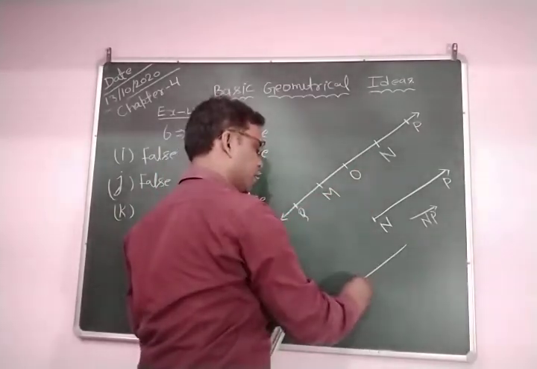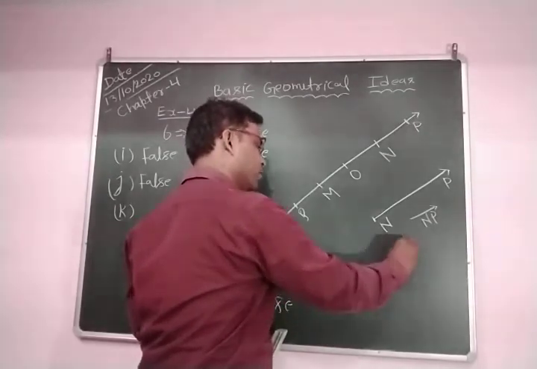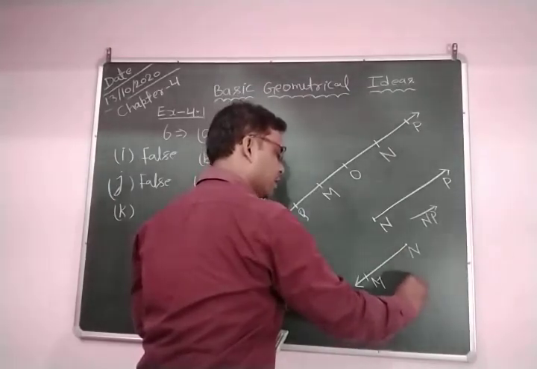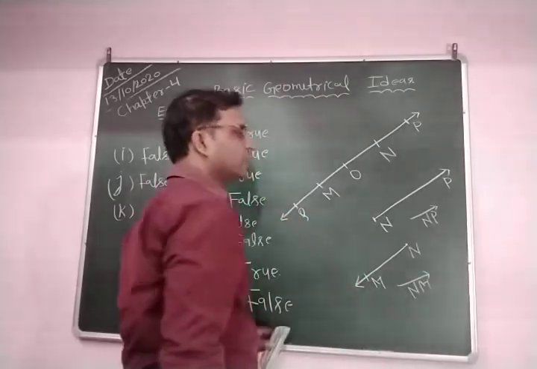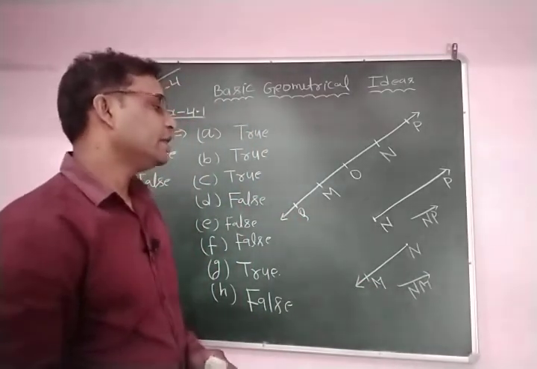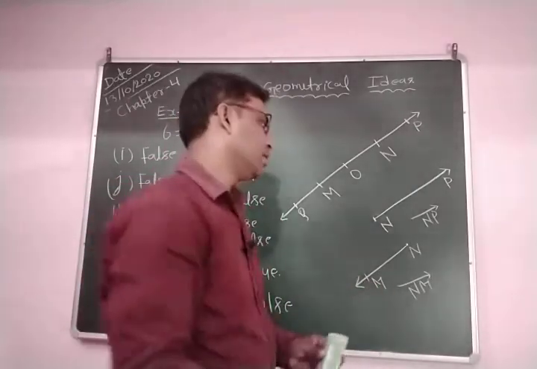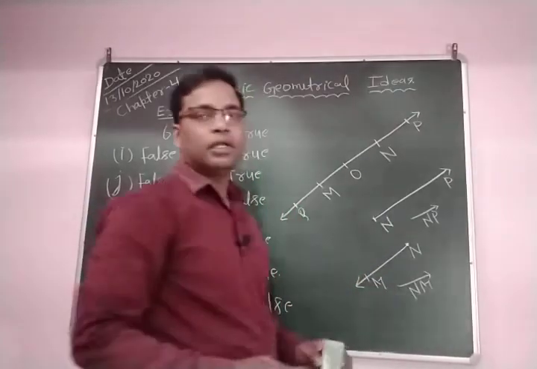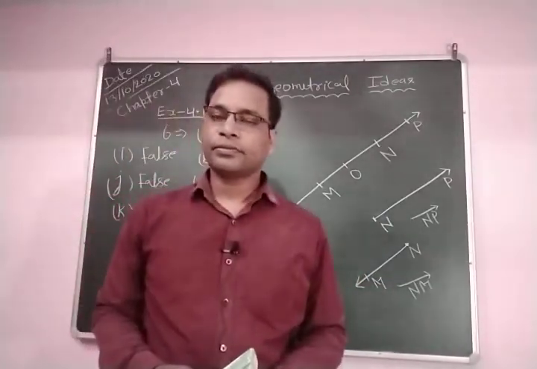This is the next ray. This is point M, this is point N. This is ray NM. So here you can see in ray NP and ray NM, the initial point is N. So we can say the given statement is true.